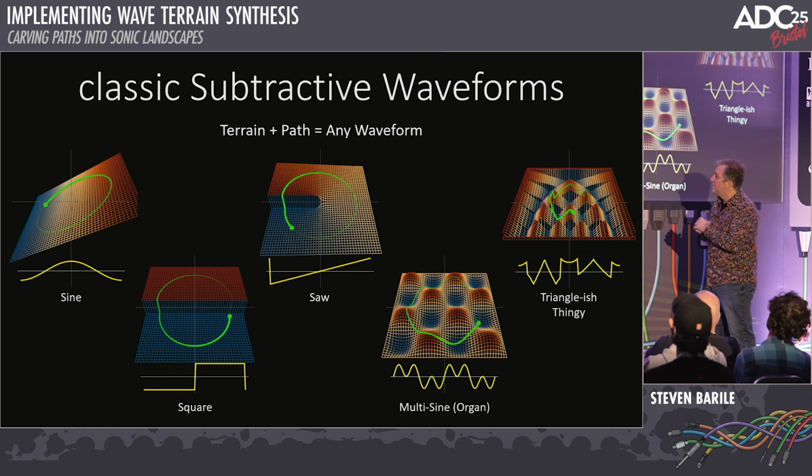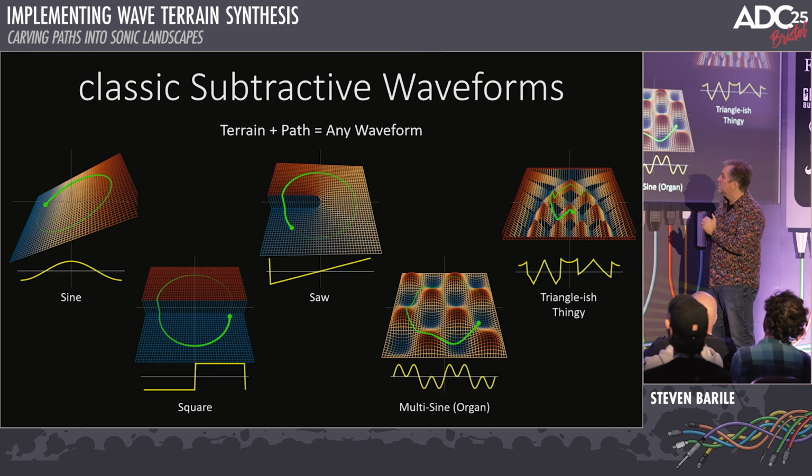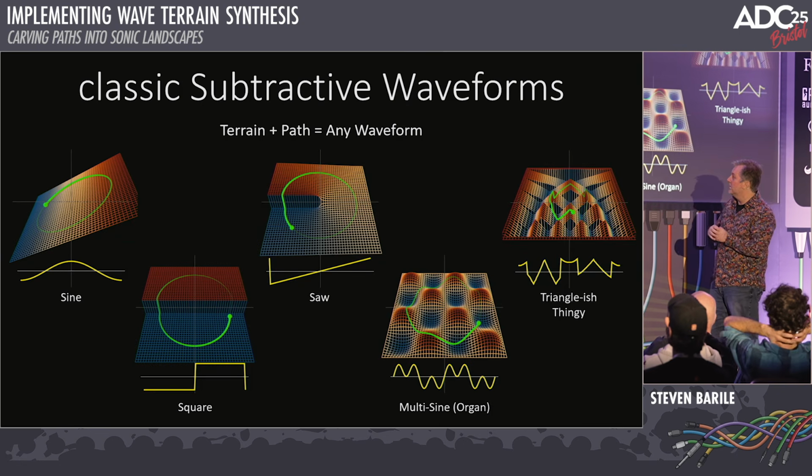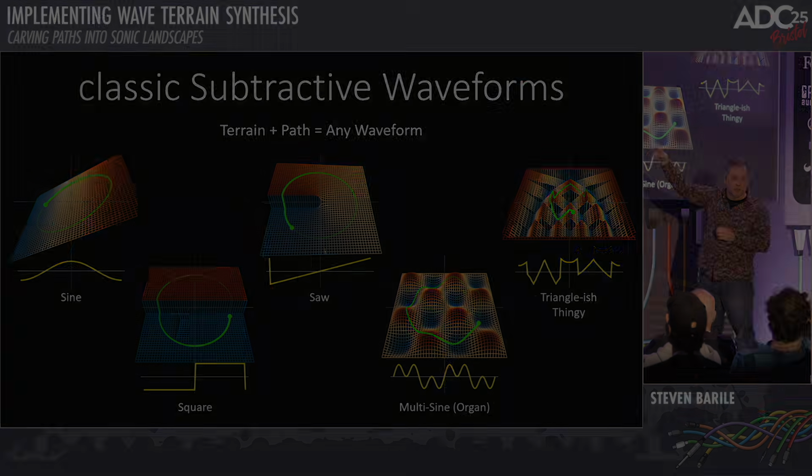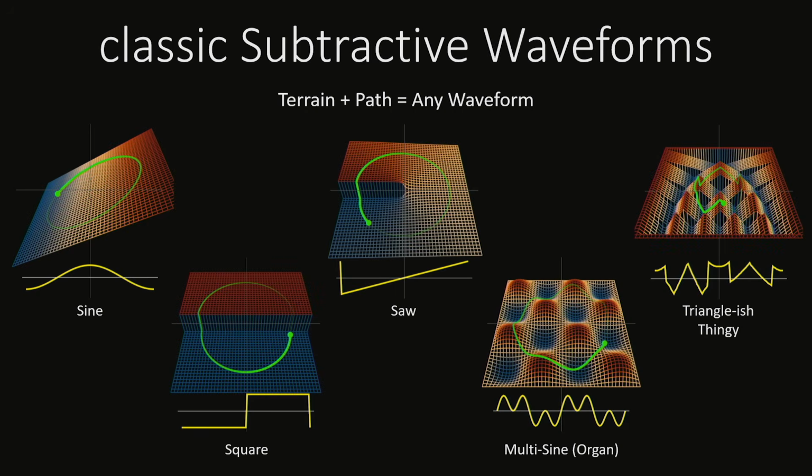one of the fun things that I discovered while creating this was that if you take an inclined plane and run a circle around it, it creates a sine wave. If you have a stepped plane, you get a square wave. If you choose to move the path in Y, you get pulse width modulation, right?